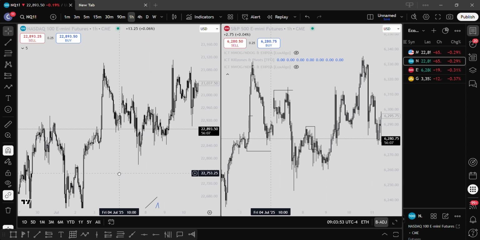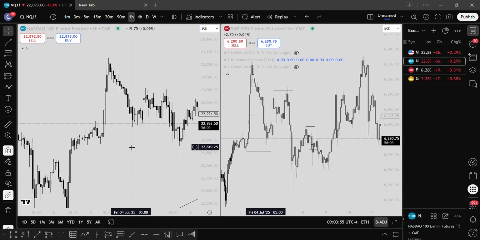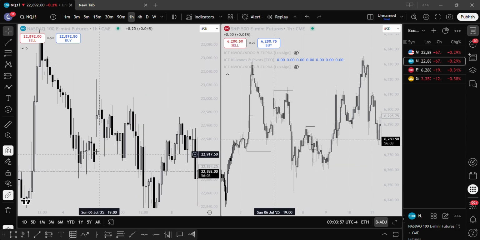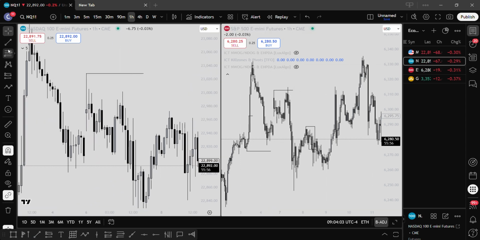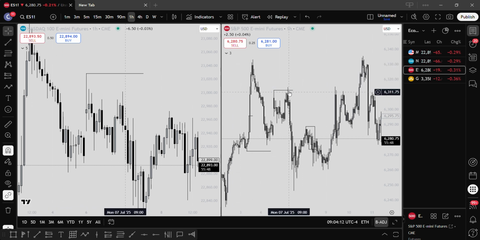So let's see a live example for that. So that's the same day. That's the high. Okay, can you see that's the same high here? I'm hovering on it. That's the same high. We swept here, we didn't here.